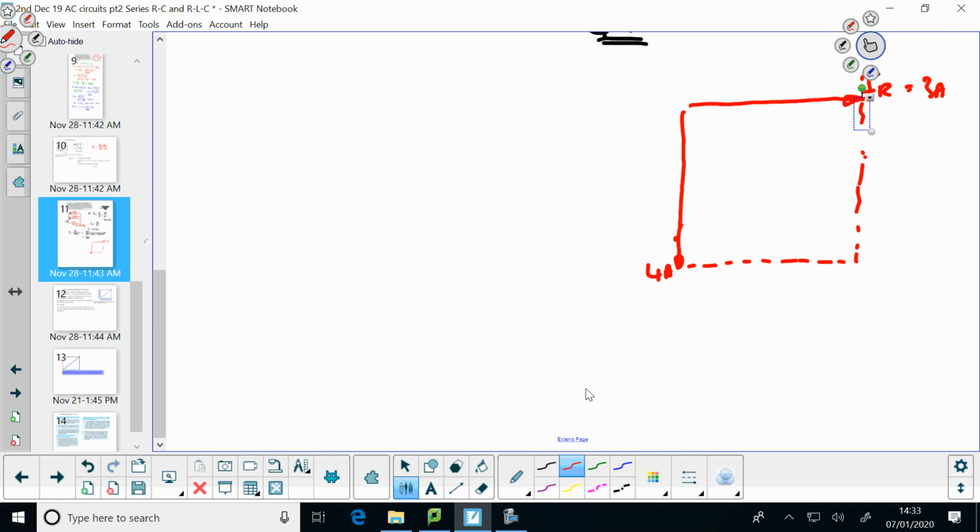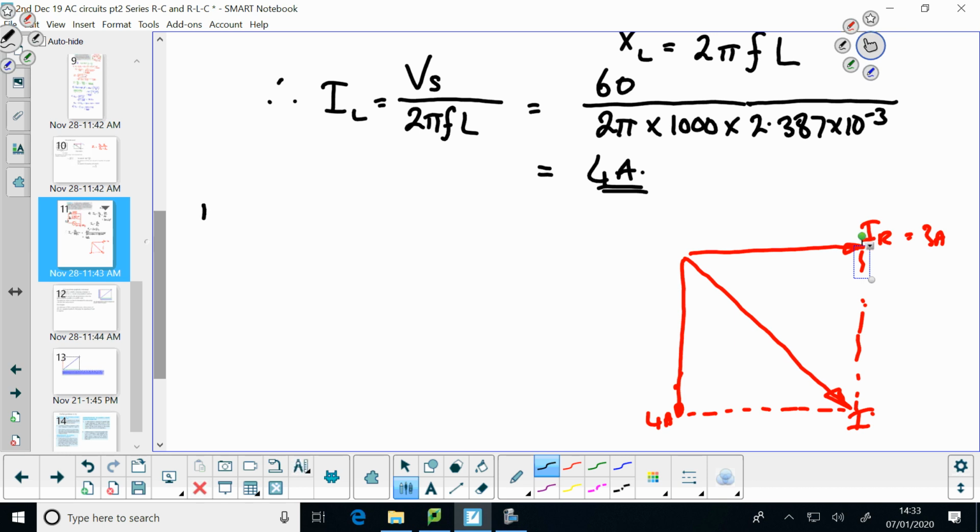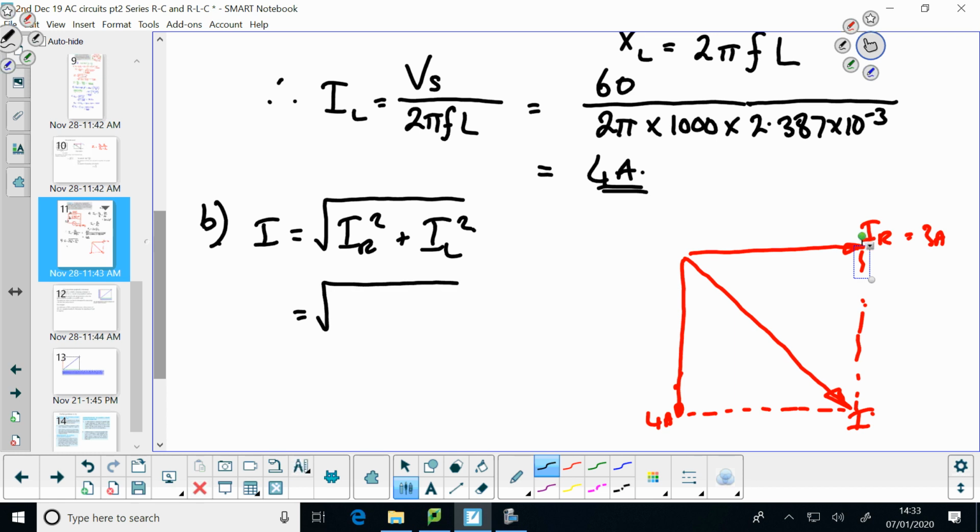And we can now find I. I is equal to the root of IR squared plus IL squared, root 3 squared plus 4 squared.